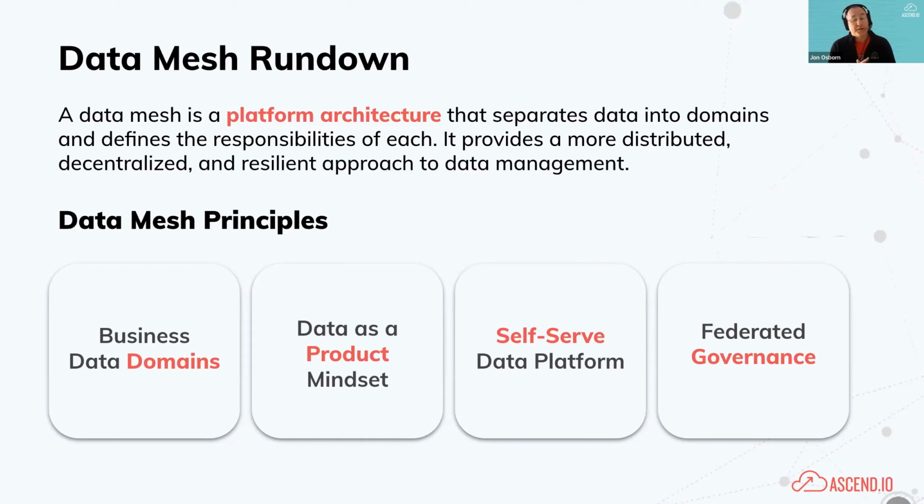Along with Mesh, these three other things are super important. One is the data product mindset, a key feature of Mesh thinking. What we mean by product mindset is that we're taking customer feedback into the data products we're producing.